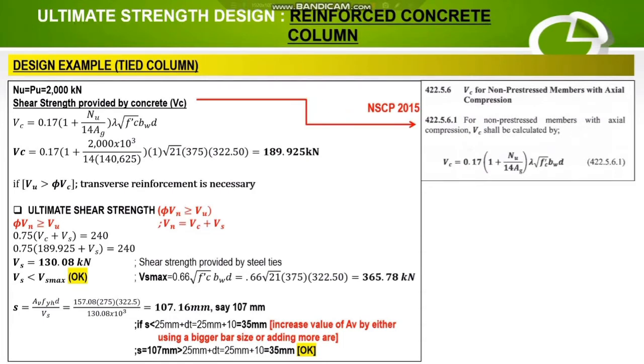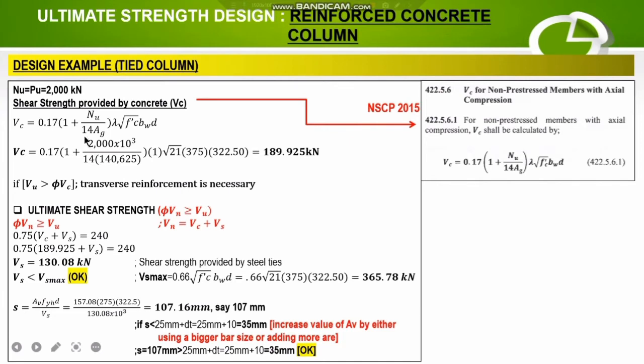So according to NSCP 2015, section 422.5.6.1, for non-prestressed members with axial compression, V sub C, or the shear strength provided by concrete, shall be calculated by the formula V sub C is equal to 0.17 times the quantity of 1 plus NU over 14 Ag, times lambda times square root of Fc prime BWD. So that's why we use that formula in our solution.